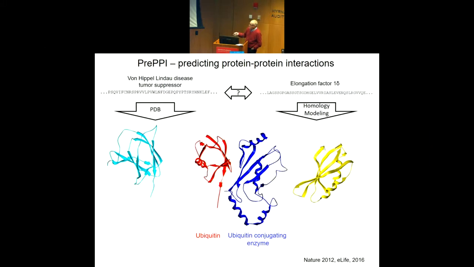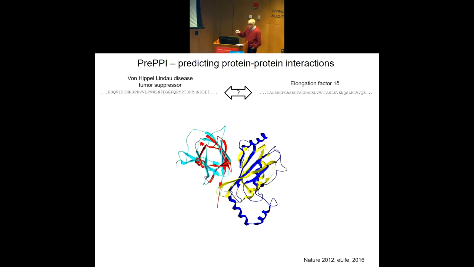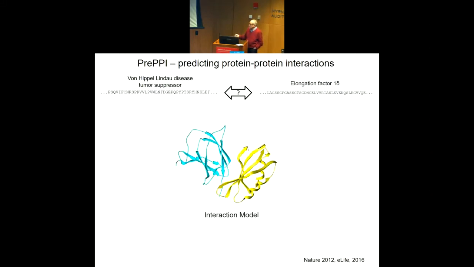We now geometrically superimpose what we call our query proteins on the known complex, and we get what we call an interaction model, a predicted model of how these 2 proteins might interact. And a crucial element is this geometric superposition. There are many mathematical algorithms that superimpose structures. It's a pretty well done field.